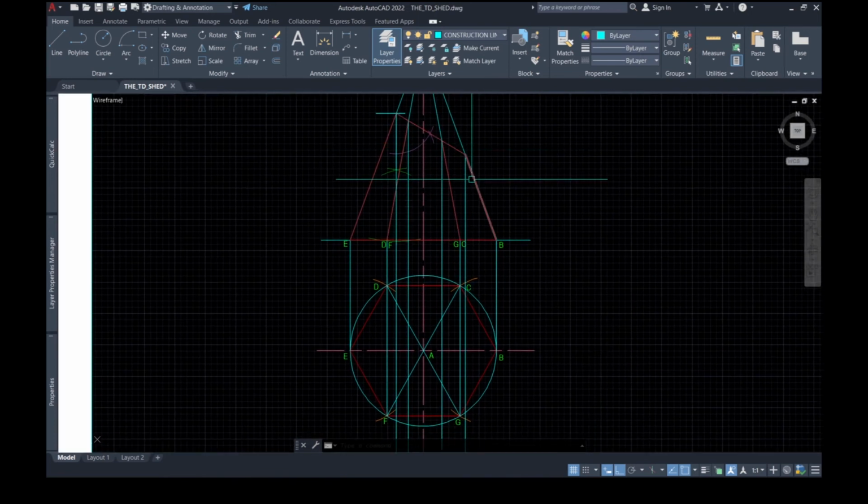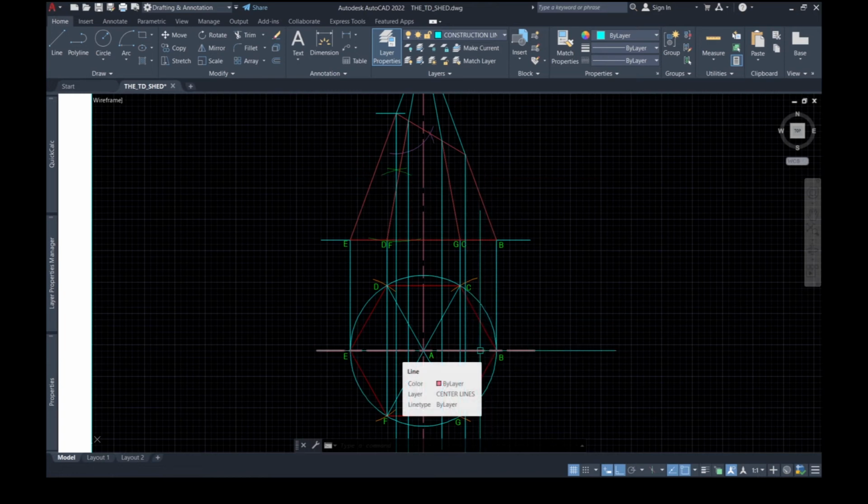Every line that was just projected from the cutting line of the truncated pyramid down onto the plan of the pyramid will correspond to the baselines that will enable us to complete the plan of the pyramid.